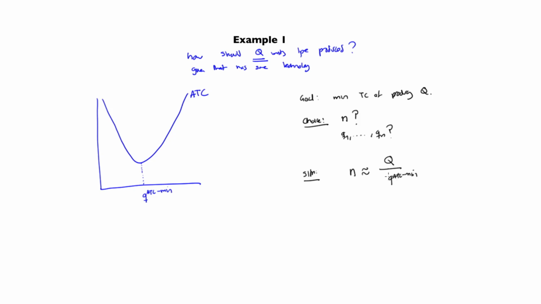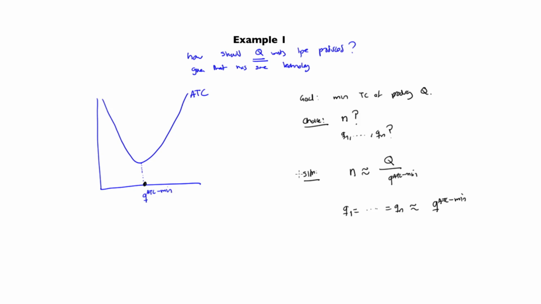It may not be exactly because of an integer problem, but think of this as a good approximation if Q is very large, and then the amount that you're going to want to produce in every one of the firms is going to be approximately this point, the one that is close to the minimum. So it's going to be approximately Q_ATC min.